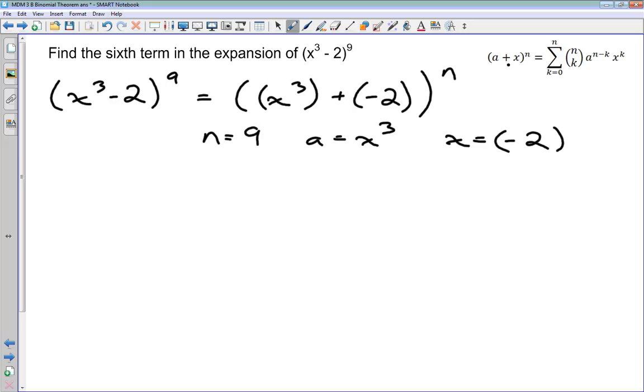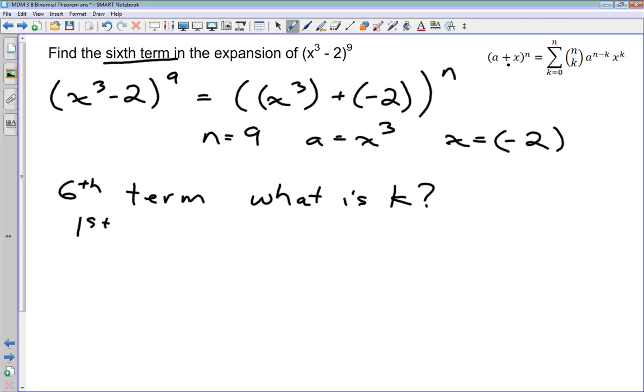We could go and write out the entire expansion, or we could just ask ourselves, if we're interested in the 6th term, what is the value of k that corresponds to the 6th term? Well, let's see. For the first term, k equals 0. For the second term, k equals 1.